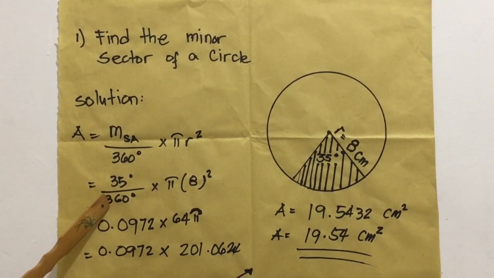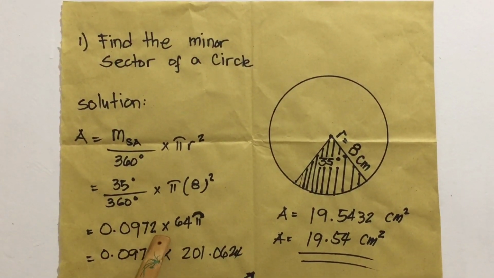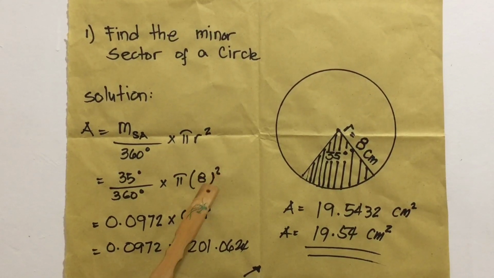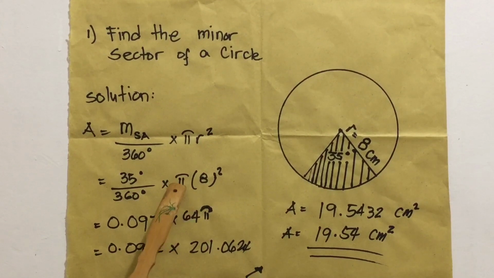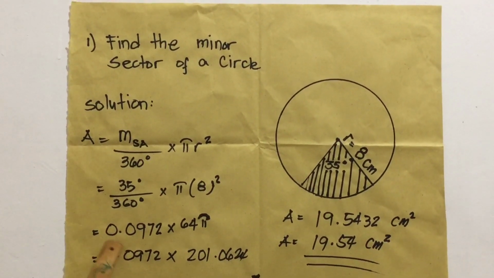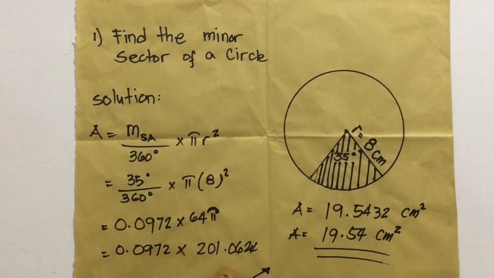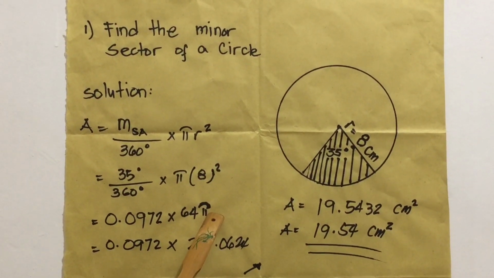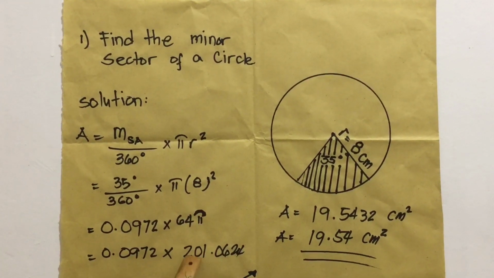Then 35 divided by 360, we have 0.0972 times squared, meaning to say we're going to double the 8, the base. 8 times 8 equals 64, then copy the pi symbol. Then we write again the 0.0972 times 64 times the value of pi, which is 3.1416.